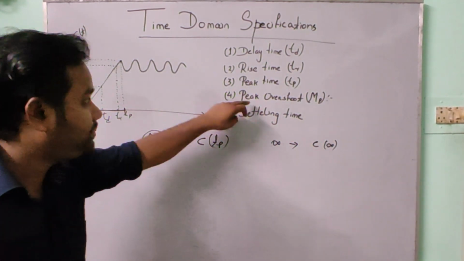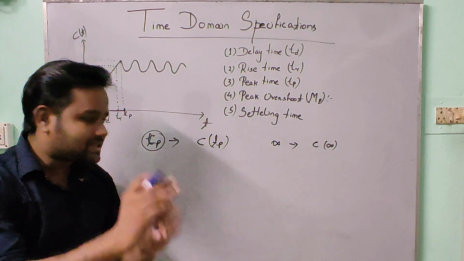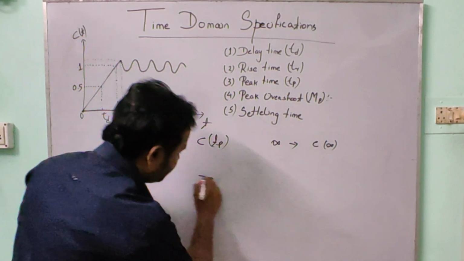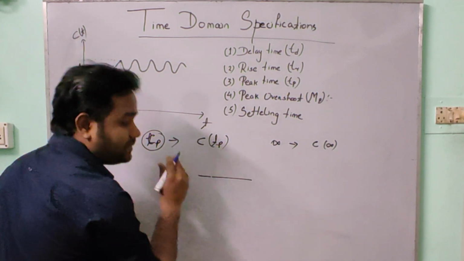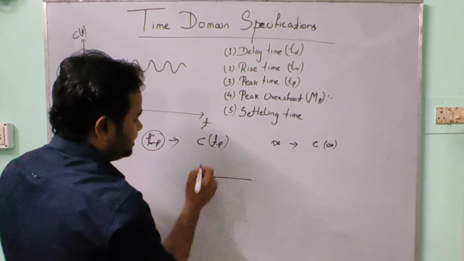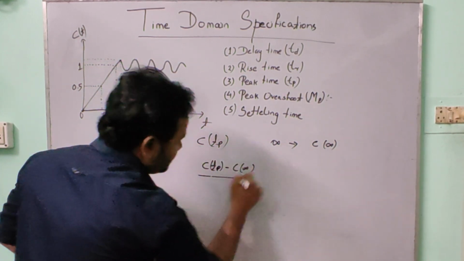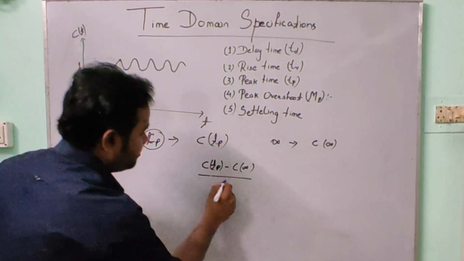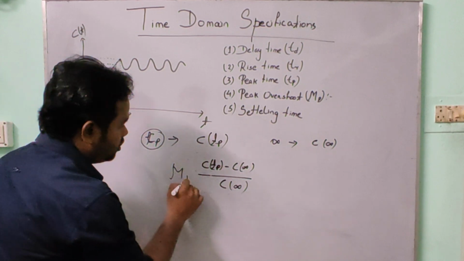So what is the peak overshoot? Peak overshoot is defined as the ratio. In the numerator, the value is the difference between the peak value and the final value, with respect to the final value.